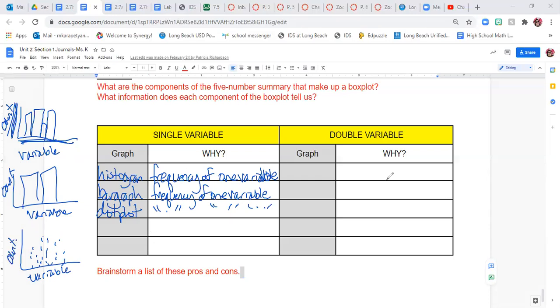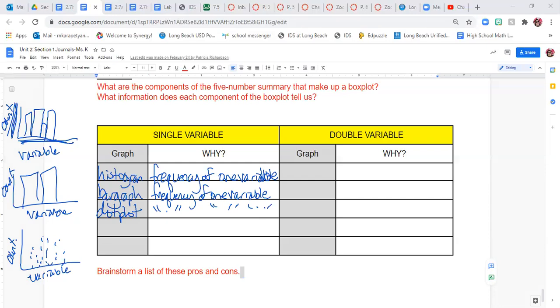Okay. All right. Evelyn, give me one of yours, one that we haven't said yet. Okay. So we still have scatter plot, we still have table, and we still have a box plot. So, Evelyn, do you have one for me, my dear?